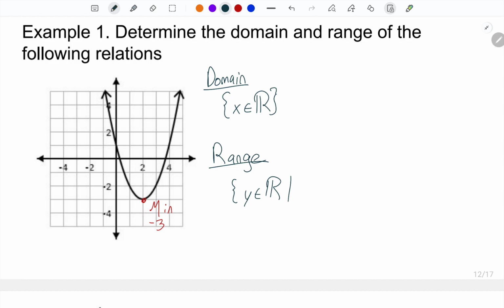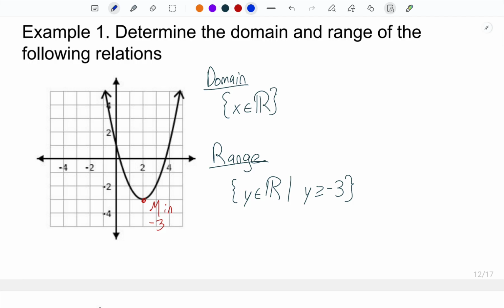And so then that means we would be any value bigger than -3, because we have no biggest value, because it's a parabola, it just keeps going up and up. So to say bigger than or equal to -3, I can just use my less than greater than sign like that. This means y is greater than or equal to -3.